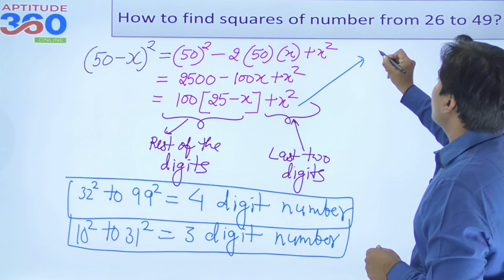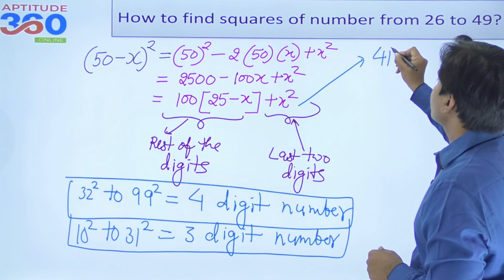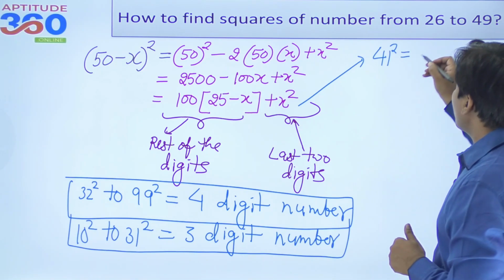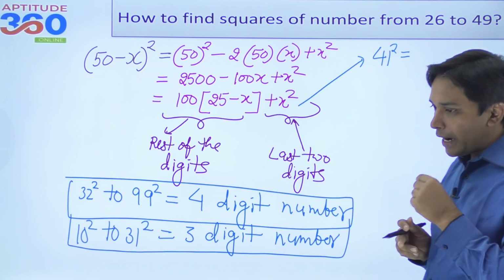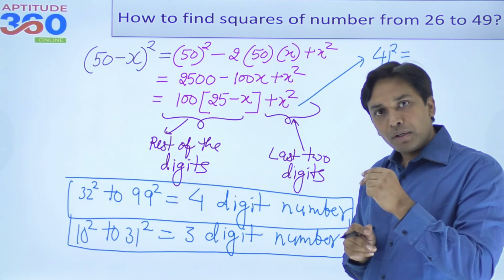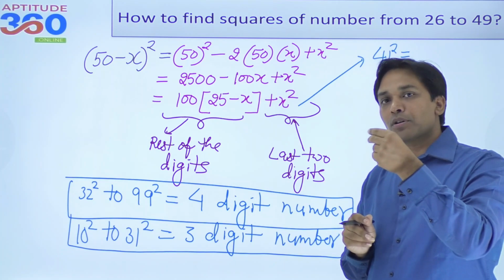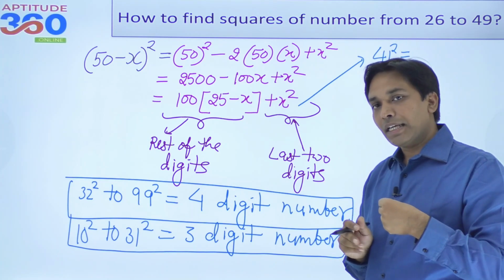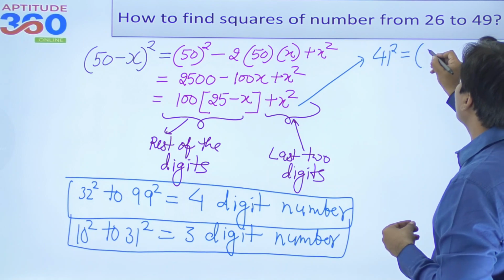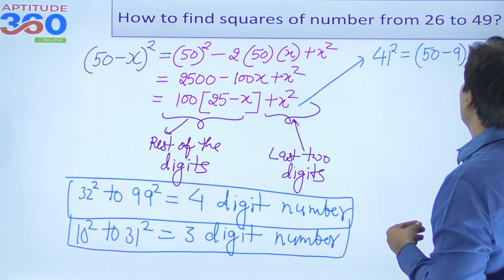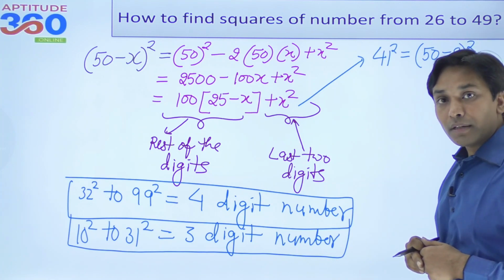Say I need to find out 41 square. That's pretty simple to do. 41 square is, and I will have to find out how much less than 50 the number is, of which we are trying to find the square. So 41 out here is 9 less than 50. So this I can write as (50 negative 9) whole square.